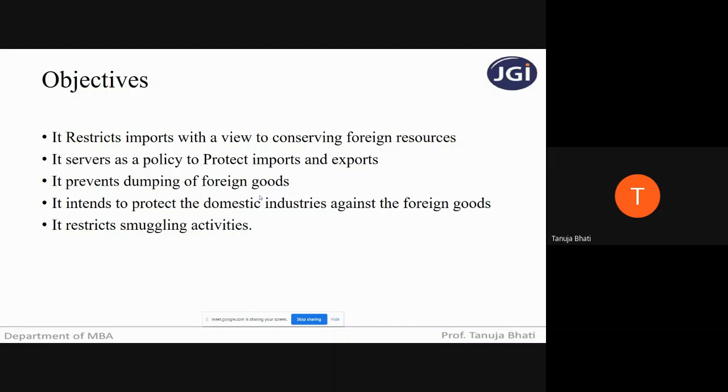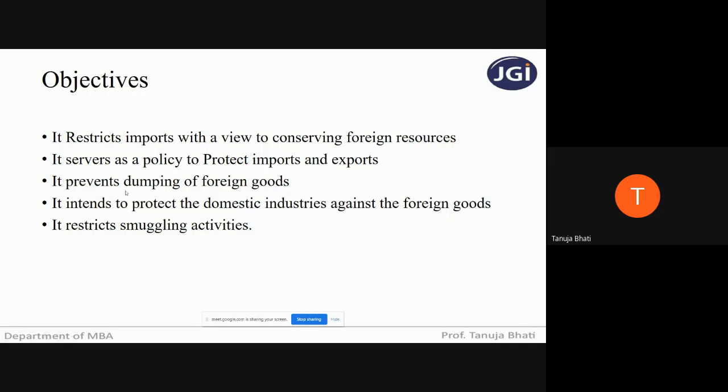They would sell at their own rates. Suppose they purchase at 100 rupees, and the same product in India is manufactured at 200 rupees. Since they imported it at a lower cost, they would start manipulating the market rates, and the market rates would be hampered.